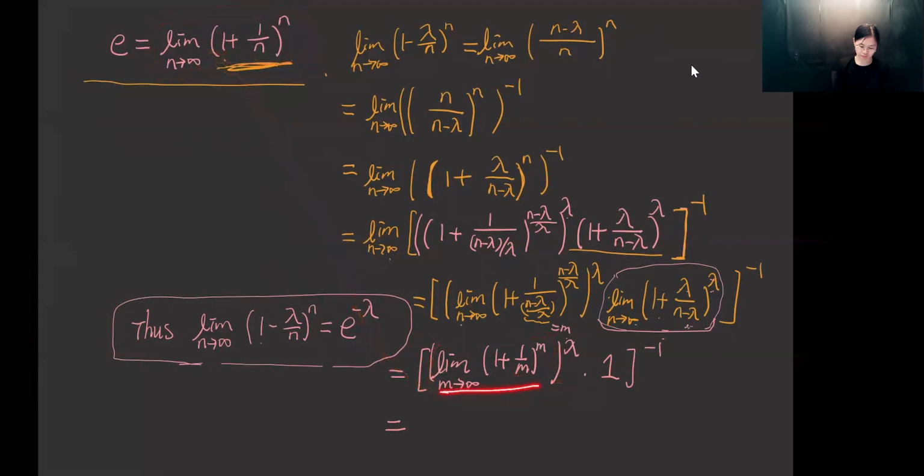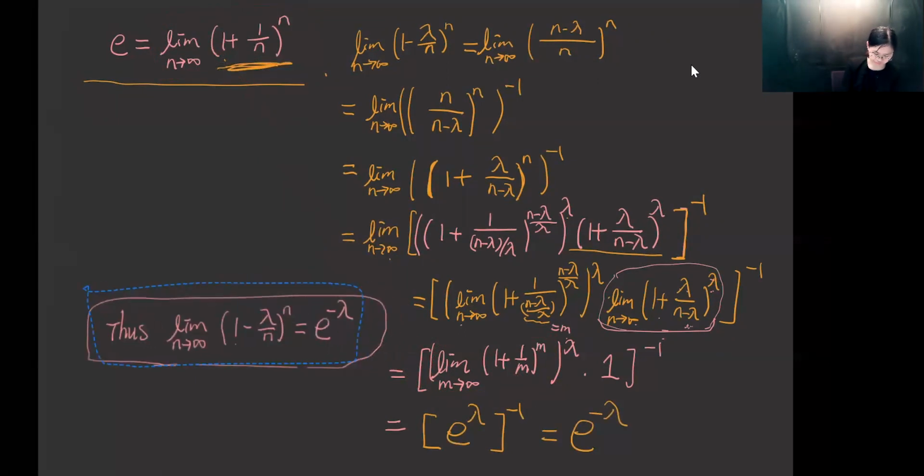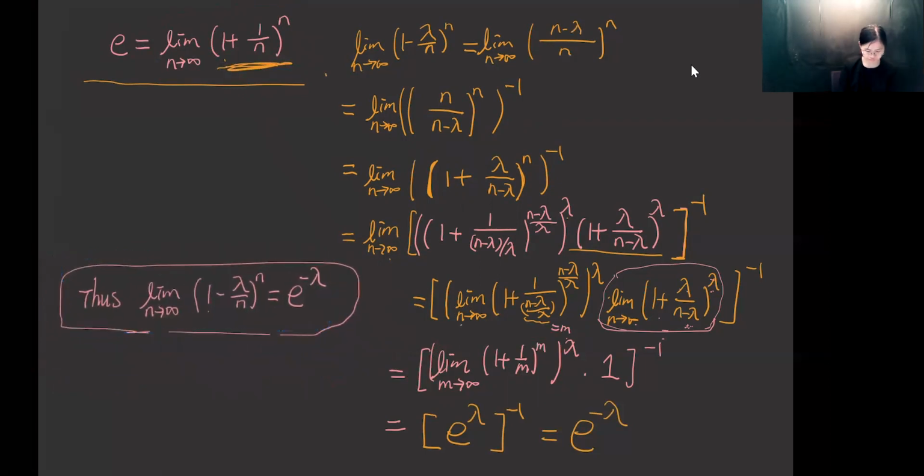So we see now this limit equals E. In the end, we have E to the power lambda and then to the power minus 1. So we have E to the power minus lambda. And this is how you got this result.